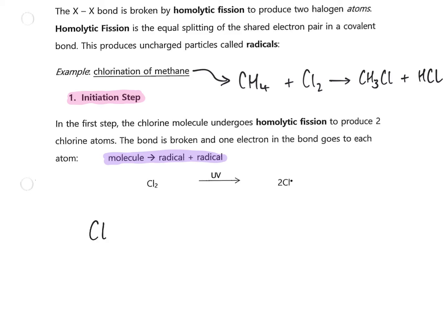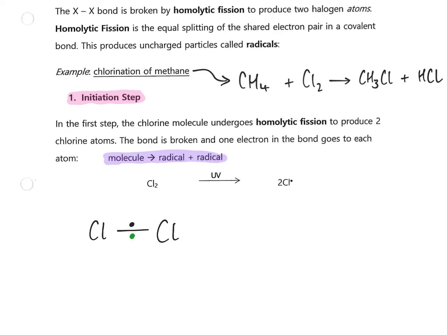So let's just draw our chlorine, with a single covalent bond between the two chlorine atoms, and we'll show the electrons. We'll show them both with dots because that's how the free radicals are shown, as dots rather than crosses. But I'll show them in two different colours so that you can see that they're going to the different chlorine atoms.